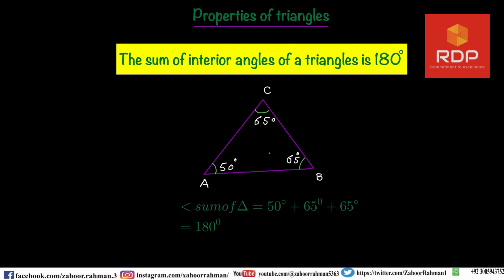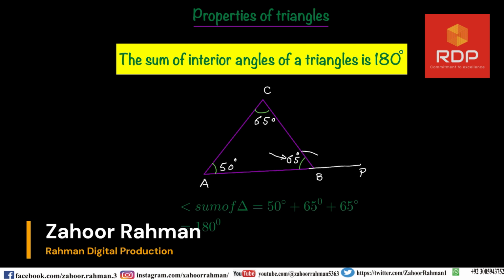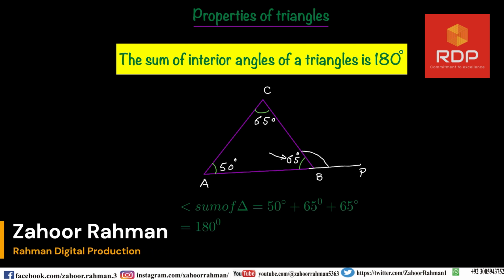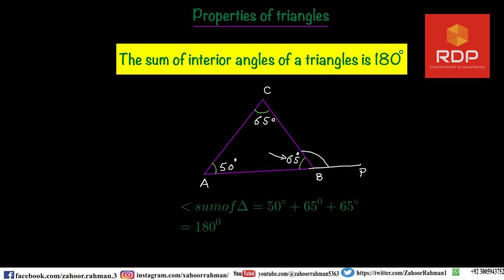This angle is an interior angle. So what is then an exterior angle? If this is a triangle and we extend this line AB to ABP, whatever angle we are obtaining here will be equal to the exterior angle.